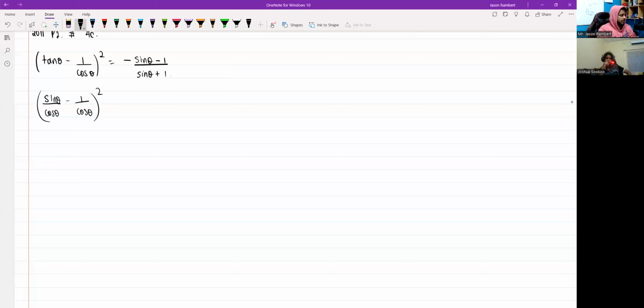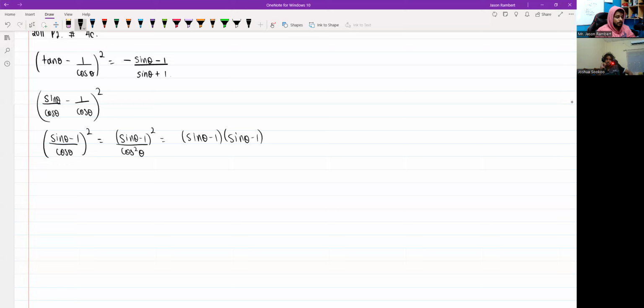Simplify that, I get sine theta minus 1 over cosine theta all squared. By the laws of indices, this is a quotient: the top has to be squared, the bottom has to be squared. So this now is equal to sine theta minus 1 all squared over cosine squared theta. The top is sine theta minus 1 times sine theta minus 1.